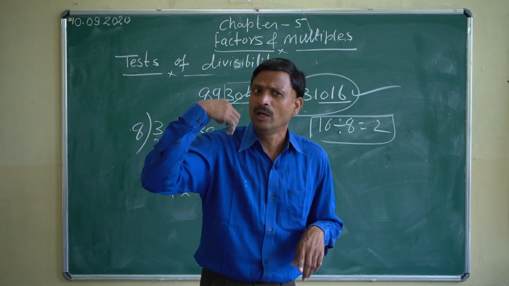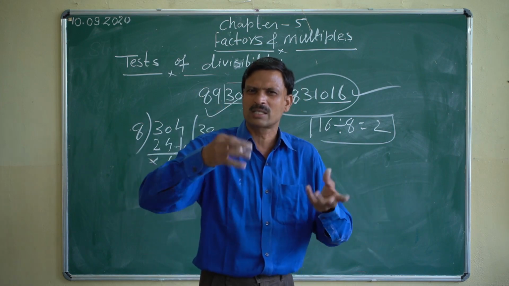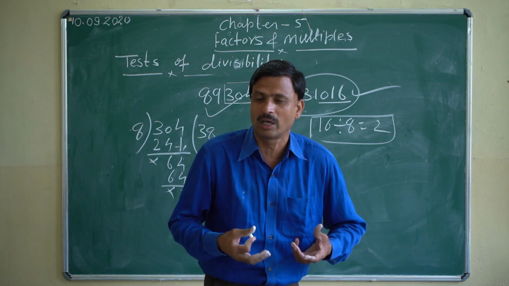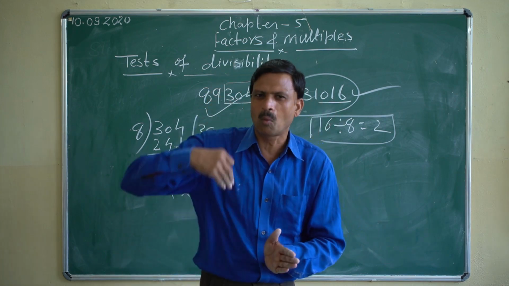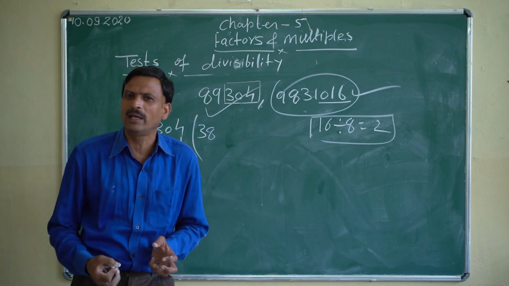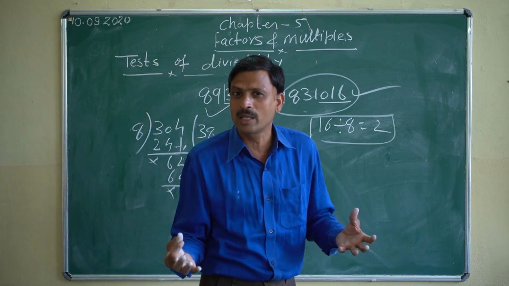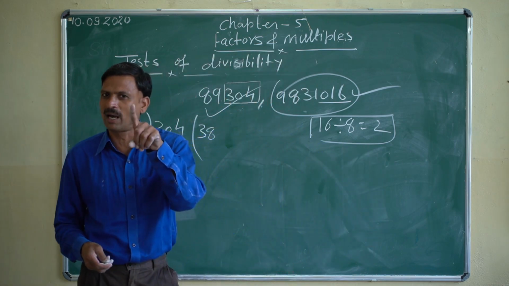Practically you can do it at home. You select any numbers, just enjoy it, play with all these numbers. Take the last 3 digits and divide them by 8. If that number is divisible by 8, you'll check the full number and you'll find that definitely the number is divisible by 8 also.